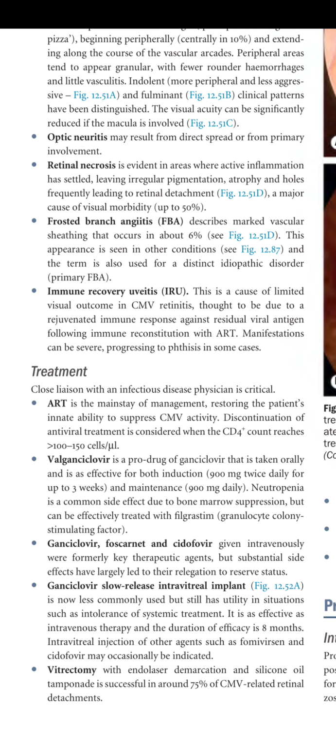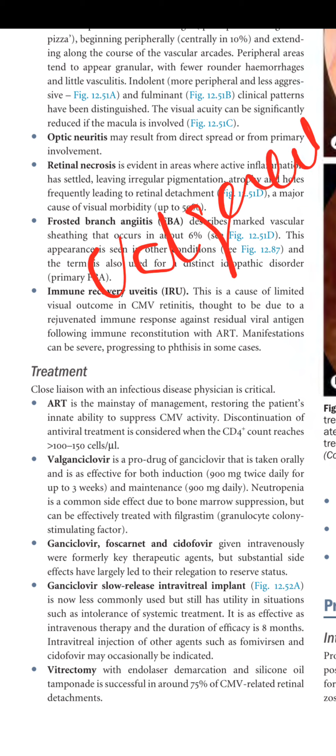Then there is valganciclovir. Valganciclovir is a prodrug of ganciclovir that is taken orally and is effective for both induction, 900 mg twice daily for up to 3 weeks, and maintenance, 900 mg daily. Neutropenia is a common side effect due to bone marrow suppression but can be effectively treated with filgrastim, granulocyte colony stimulating factor. So the most important drug in the treatment of CMV is valganciclovir.